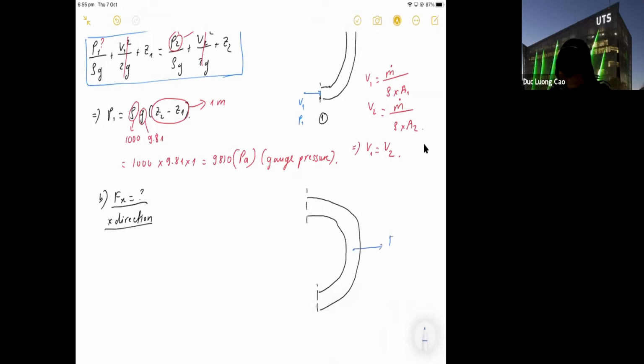This one is 1. This one is 2. And we have V1, V2, and here we have P1, P2, x direction. Okay, you have 5 minutes to find Fx.